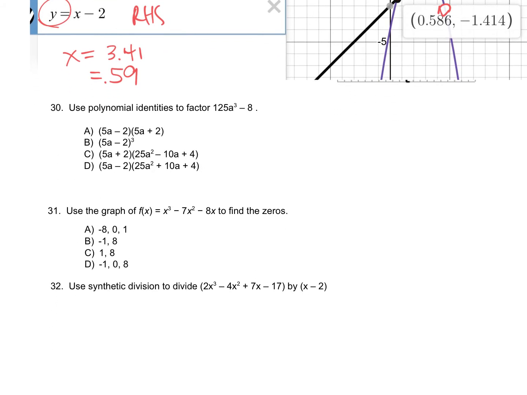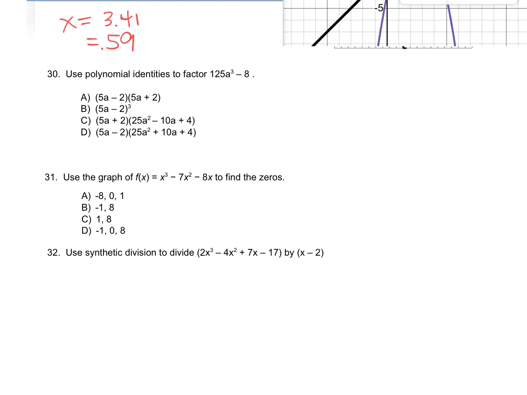On our next problem, we're going to use our sum and difference of cubes in order to do this problem. So we need to remember those formulas. This would be a good one to write on your cheat sheet if you haven't put this on there yet. So our formula looks like this. It's a cubed minus b cubed is equal to a minus b.